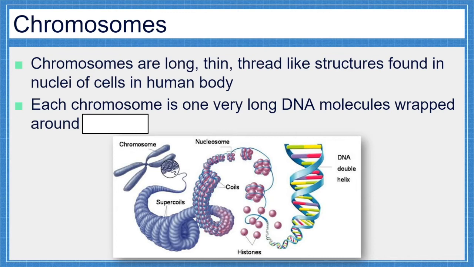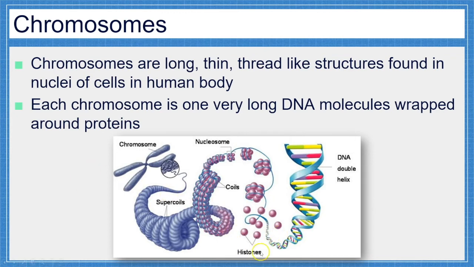And so what our cells do is they actually coil them up, and they wrap them up and up and up into these tighter and tighter and smaller structures. And that's one way that they can help manage all that information in the nucleus. So each chromosome ends up being one very long DNA molecule that's wrapped around these specific proteins.